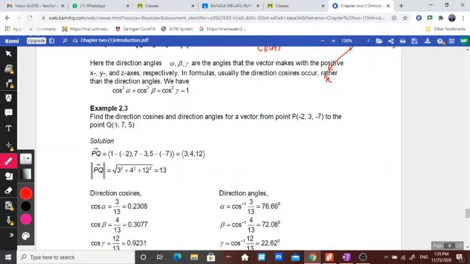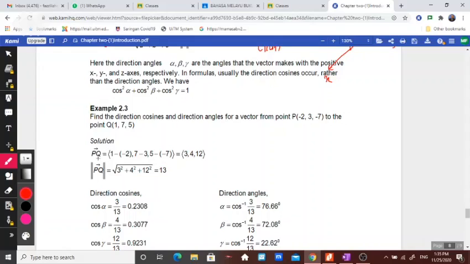Now we look at one example. We have the question: find the direction cosines and direction angles for a vector from point P to point Q. Since we have 2 points P and Q, we have to find the vector PQ first.